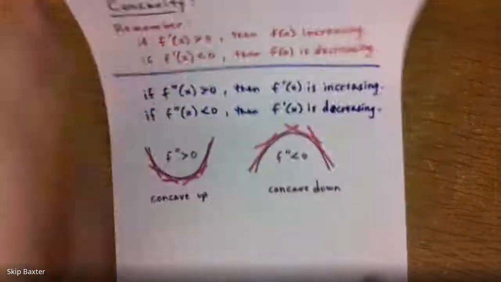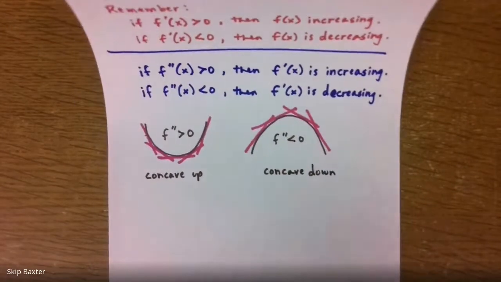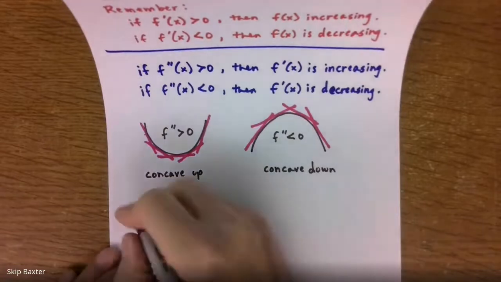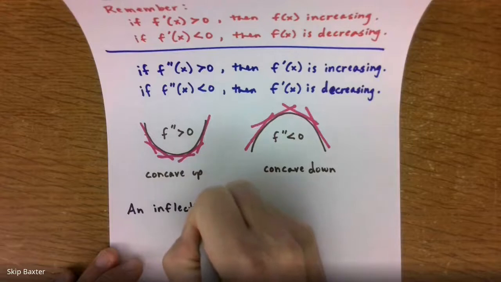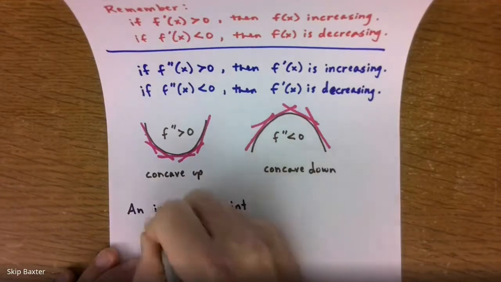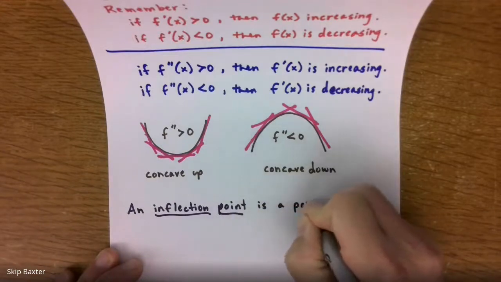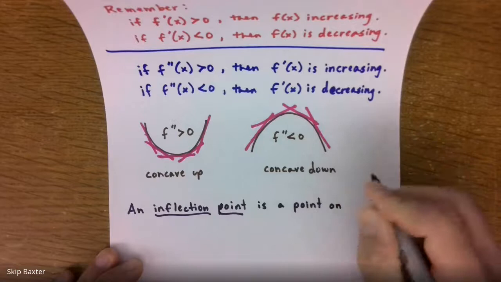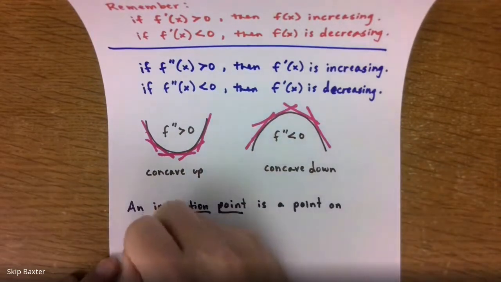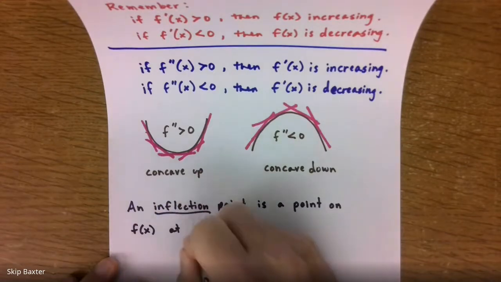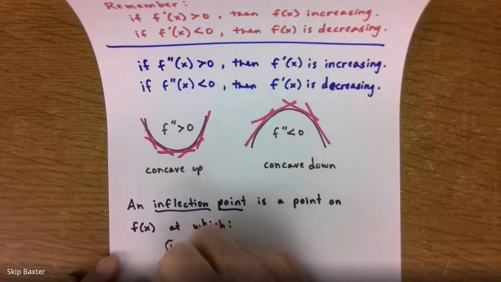Okay. A point where concavity changes from concave up to concave down or vice versa is called an inflection point. So an inflection point is a point on f of x at which two things must be true.